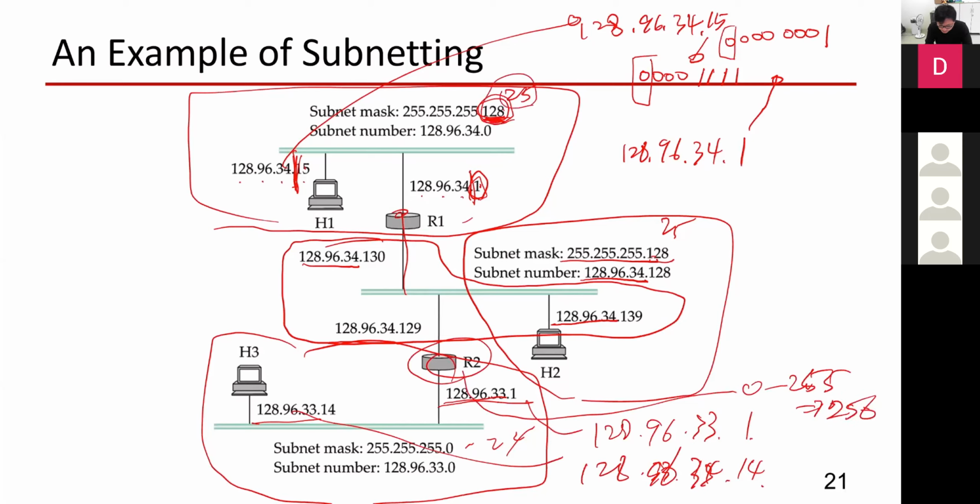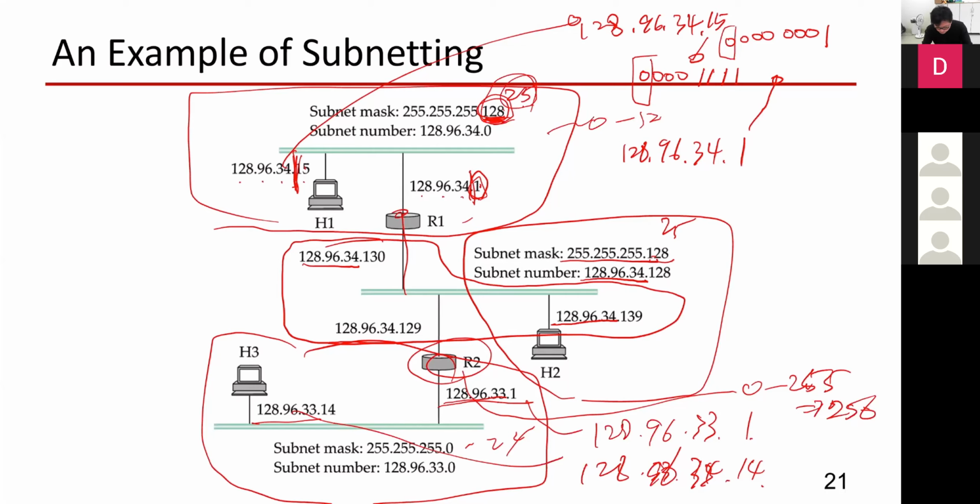How about this one? Because it is limited by 1 bit, I can maintain 256 divided by 2, which is 128.